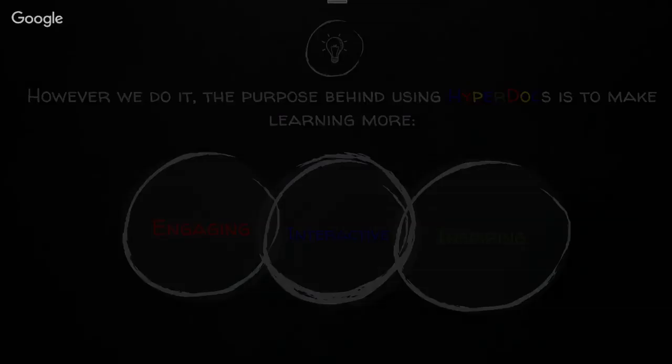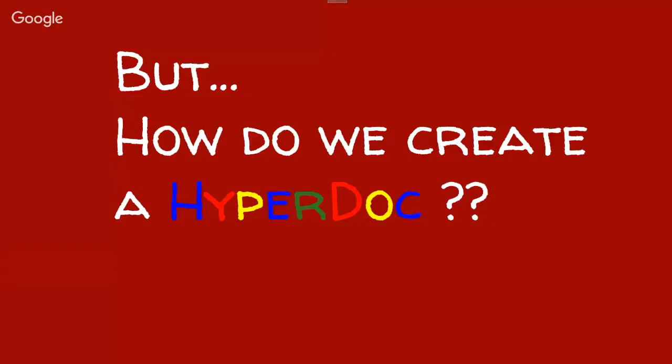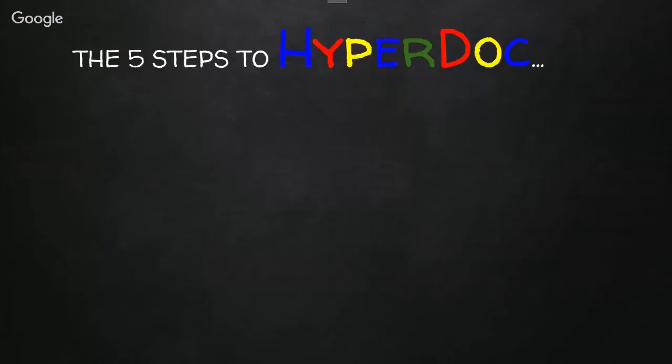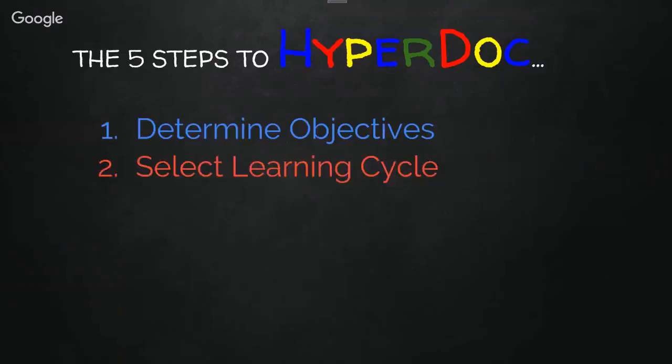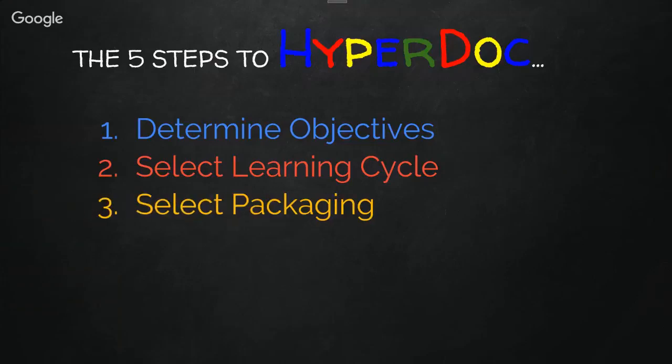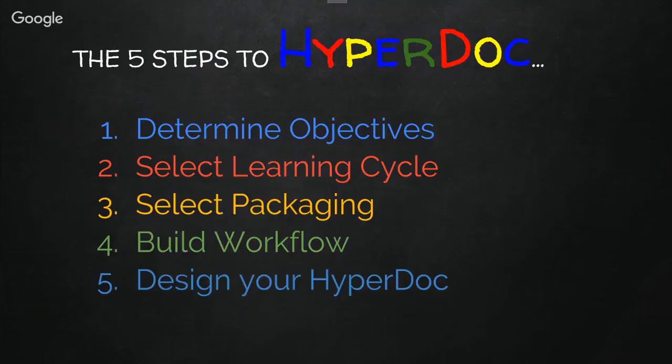Now, everything is so good, but here's the question: how do we create a Hyperdoc? Well, here's the answer to your question. There are 5 steps to a Hyperdoc. The first one will be determine the objectives, then select the learning cycle, select the packaging, build a workflow, and finally design your Hyperdoc.